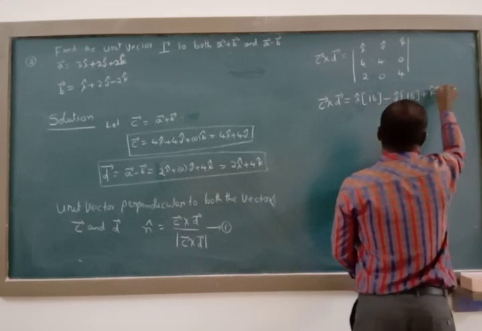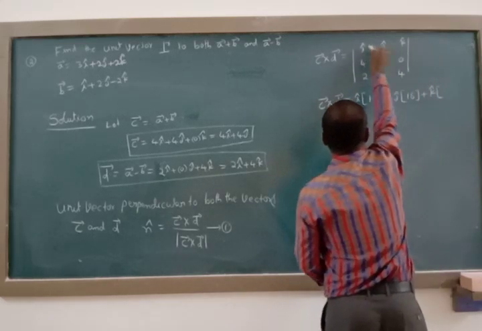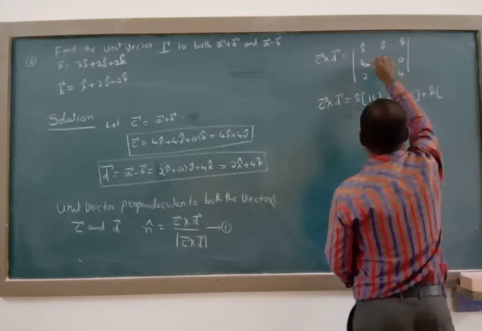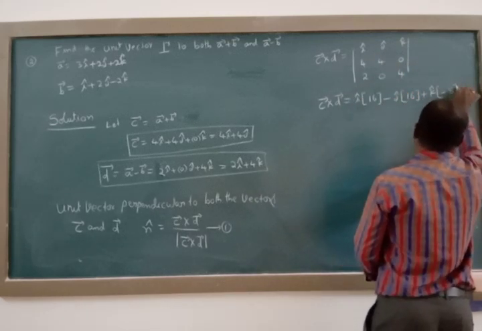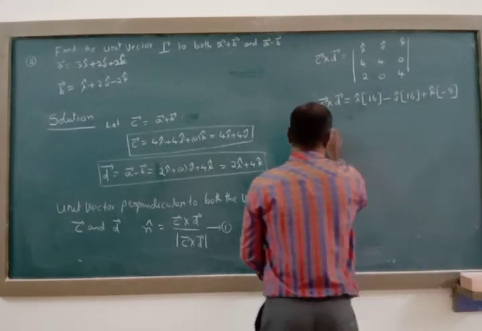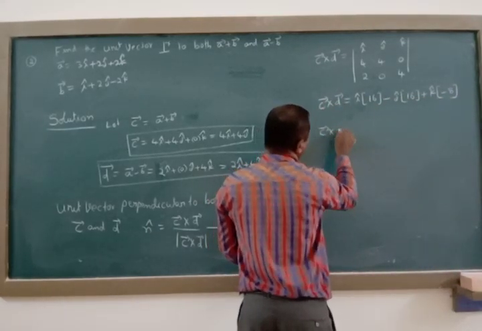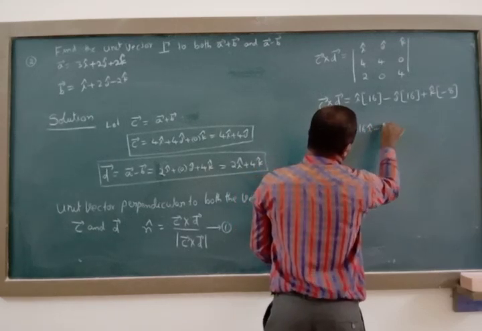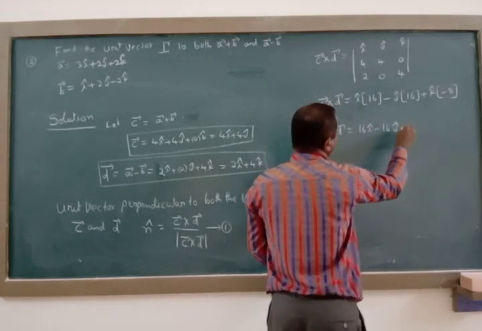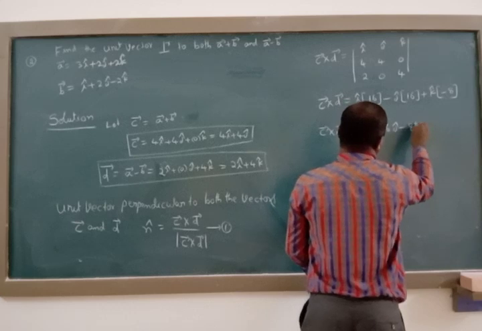Plus k cap into, deleting the corresponding row and column, 0 minus 8, minus 8. C bar cross d bar is equal to 16 i cap minus 16 j cap minus 8 k cap.